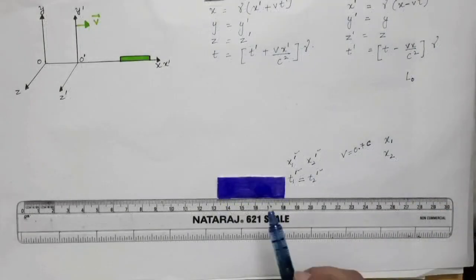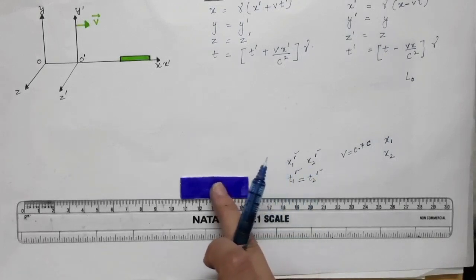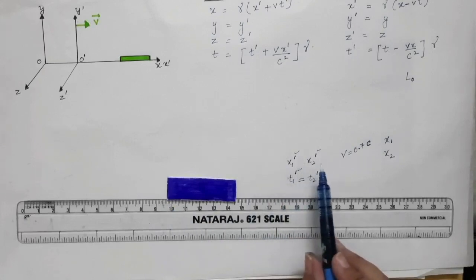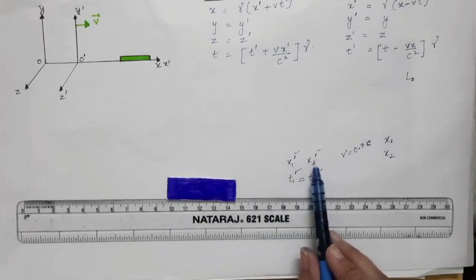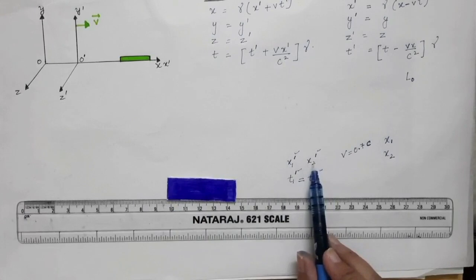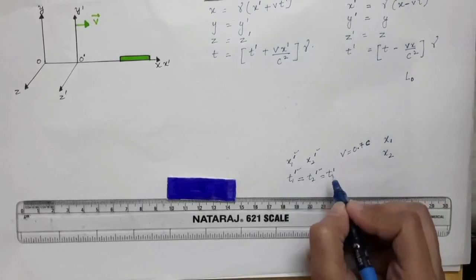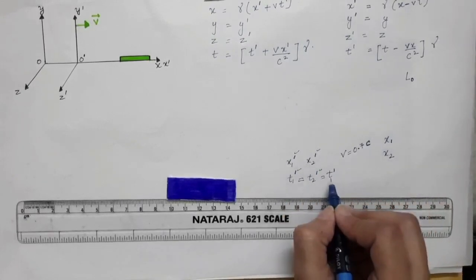But in a moving frame, the first coordinate is x1 prime and another is x2 prime, and these two coordinates are taken at the same instant. So t1 prime is equal to t2 prime, and let's say that is equal to t prime. These two measurements must be taken at the same time.